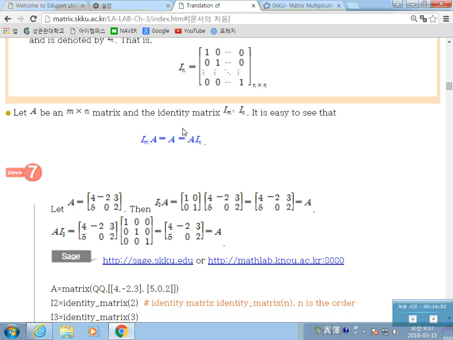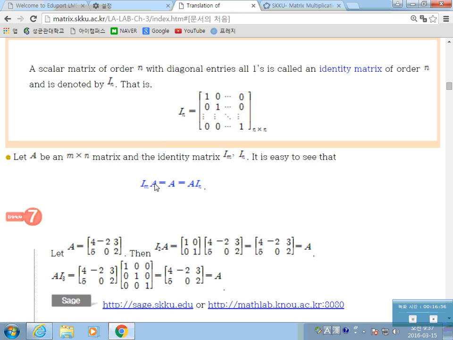A is an m by n matrix. The important thing is, for the m by n matrix A, if we multiply the identity matrix of size m on the left, then it's going to be the matrix A itself.